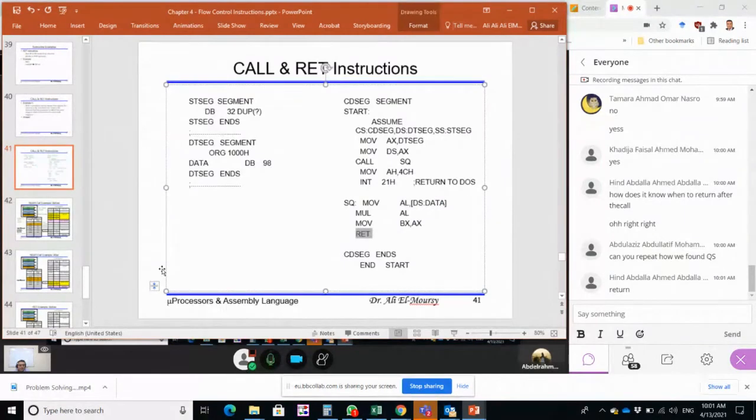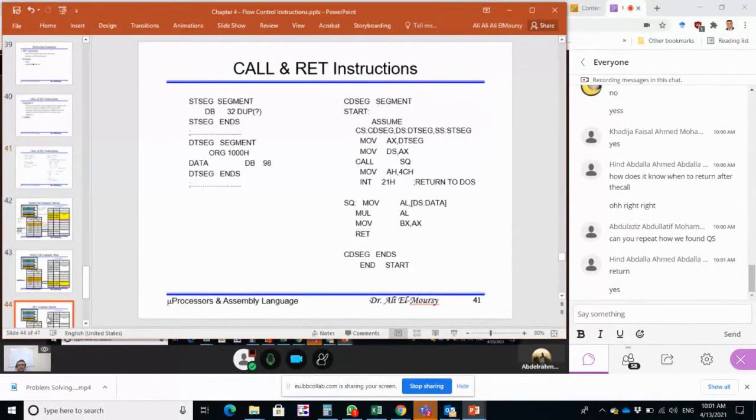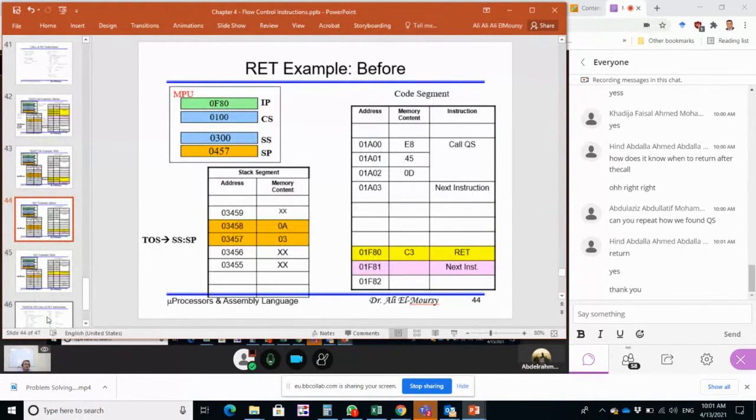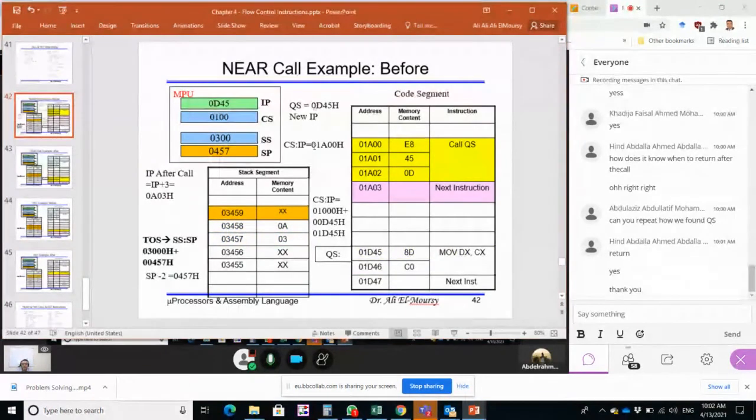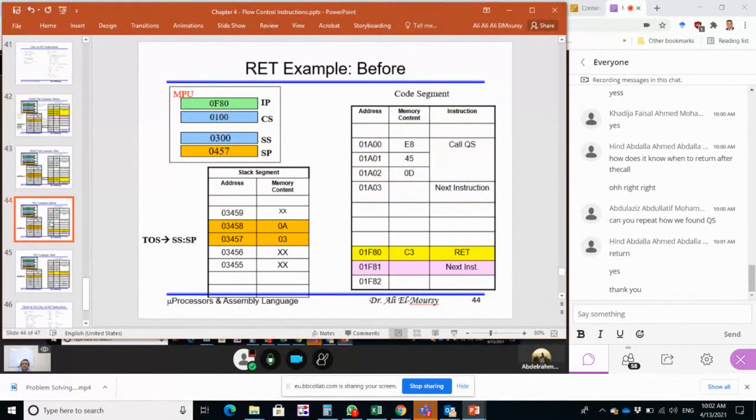Right? So here is the return. Let's go and simulate the return. I'm running the code until I reach the return.